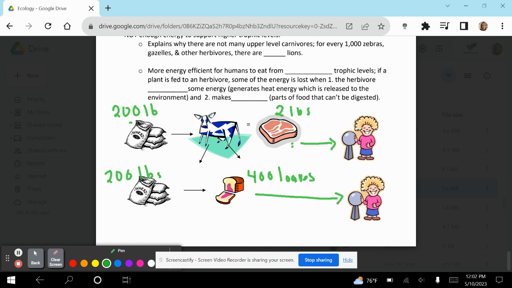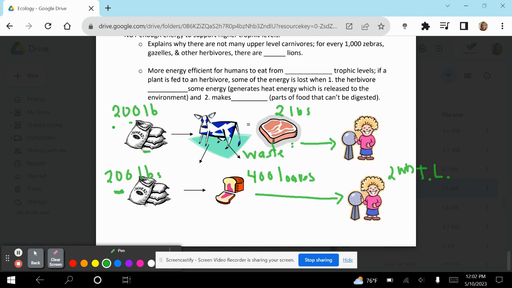So if you directly consume this plant material, and that means we're on the second trophic level, you're going to get all of that energy. If you take that energy and you first send it through an herbivore, then you have to remember that that cow is going to lose some as waste because it won't be able to digest all the parts of that seed.